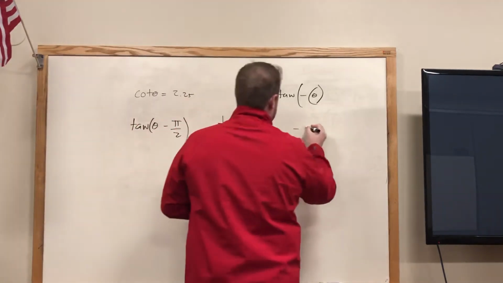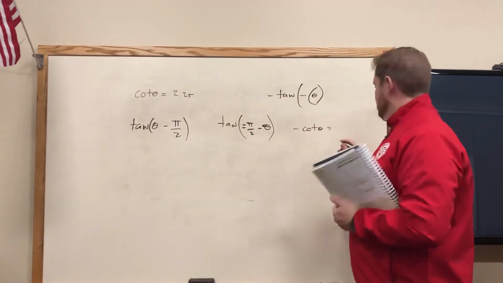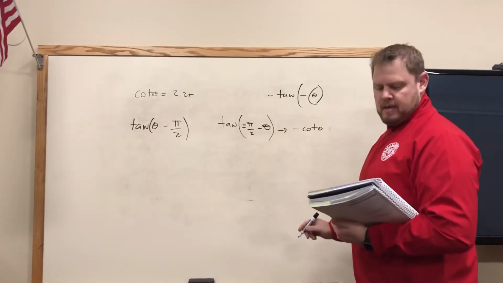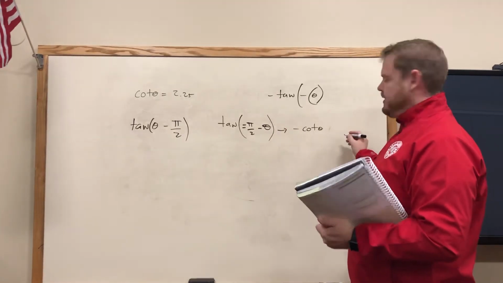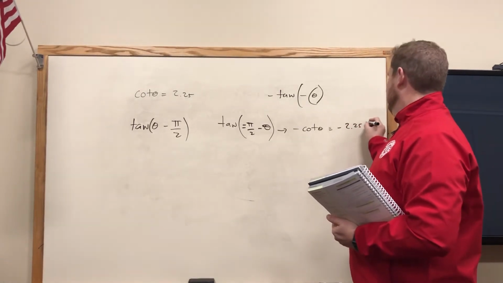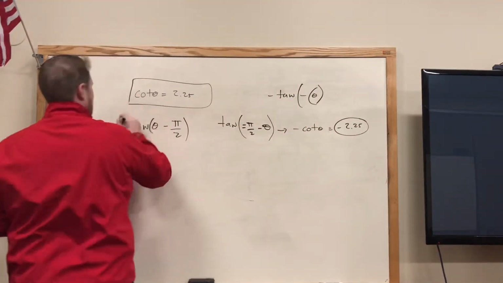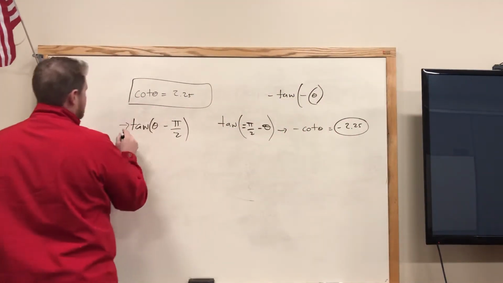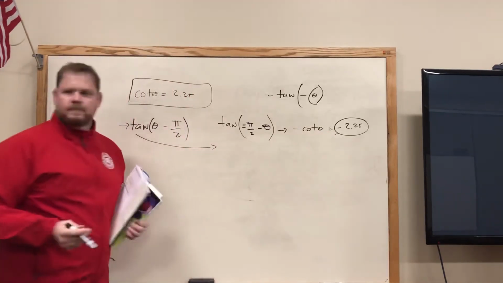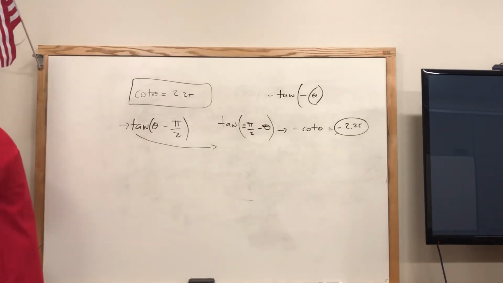So another way to write it is negative cotangent theta, and therefore it will equal negative 2.25. So if it starts out positive, when I solve it according to this, you're going to get a negative answer, because of the negative inside.